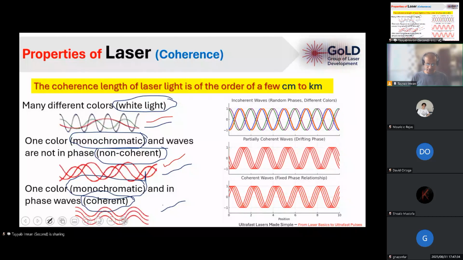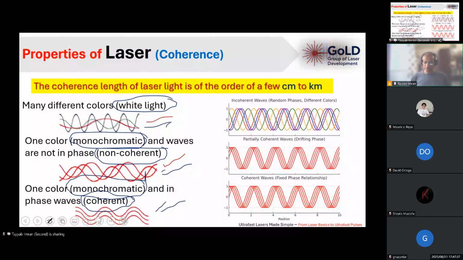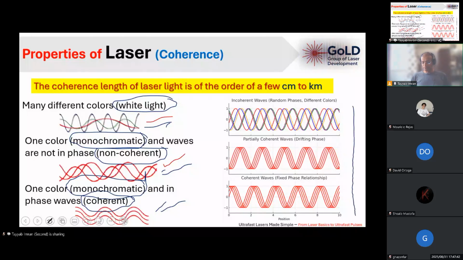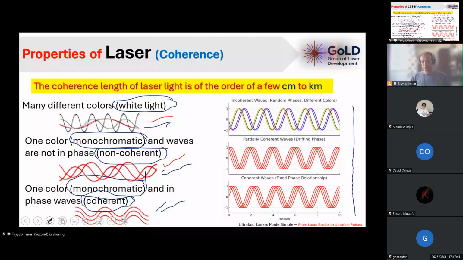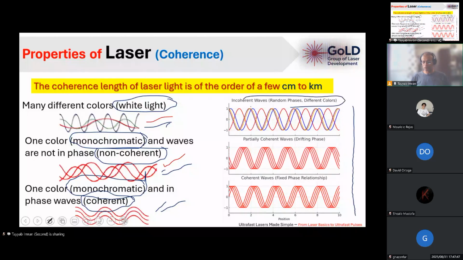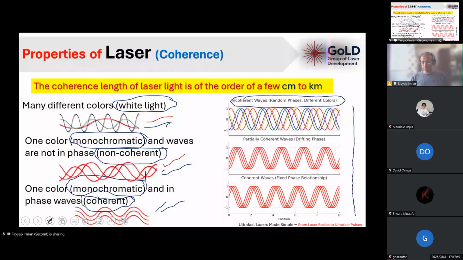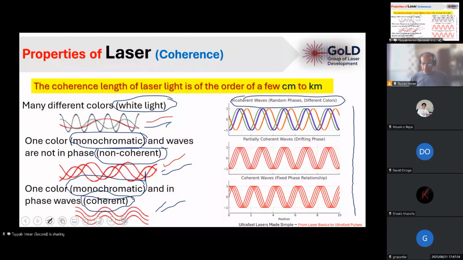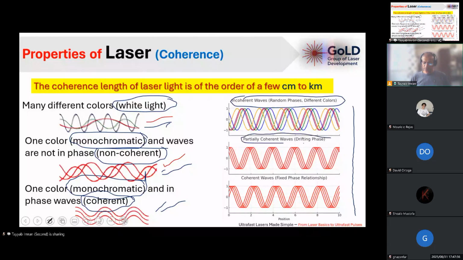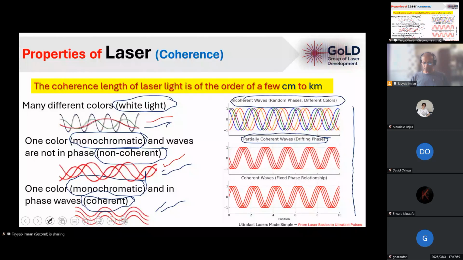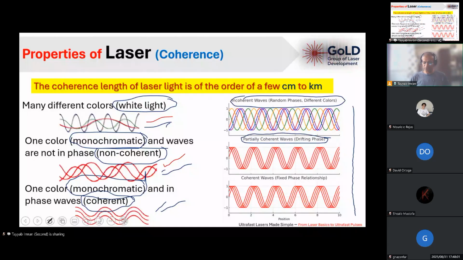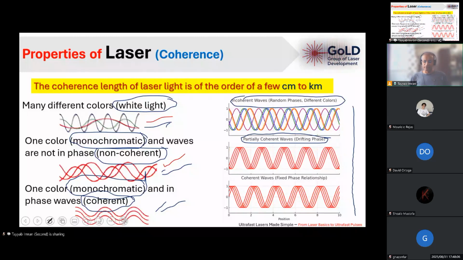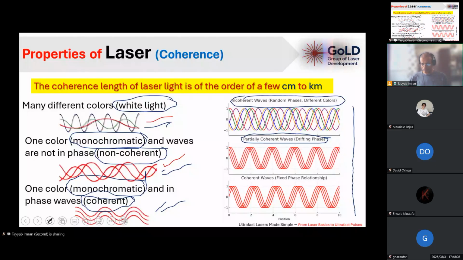So see the difference. And this difference is animated here. Here, an incoherent wave, completely random, shifting the phases and everything. Here is partially coherent. It's not animated 100% perfectly, but partially coherent means the waves still move somehow relative to each other, not so randomly.